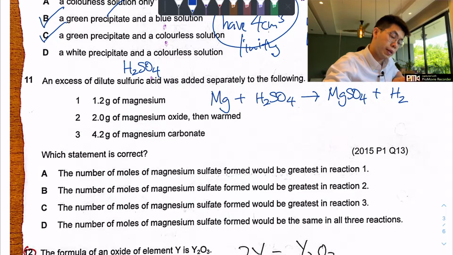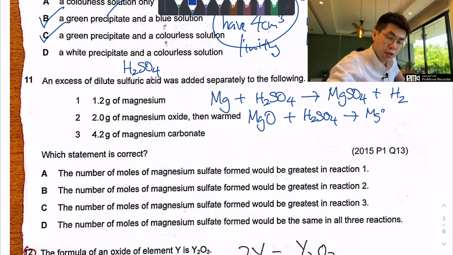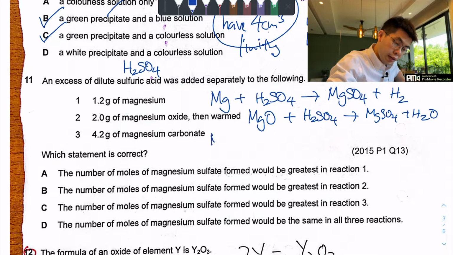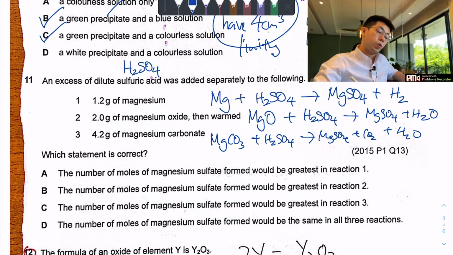No, nicely balanced. Next one, MgO. This is alkali plus sulfuric acid will give me also salt, MgSO4 plus H2O. Need balance? Don't need. Magnesium carbonate MgCO3 plus H2SO4 gives me MgSO4 plus carbon dioxide plus water. Need to balance? Don't need.